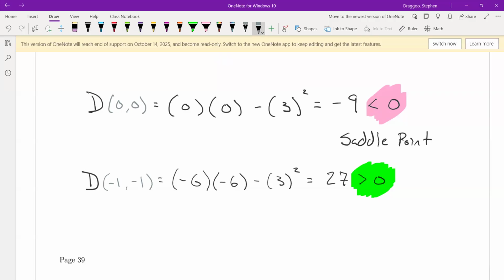And I see that that is indeed what I have here. Both of those second order straight partial derivatives were negative. Got both. They are both concave down.